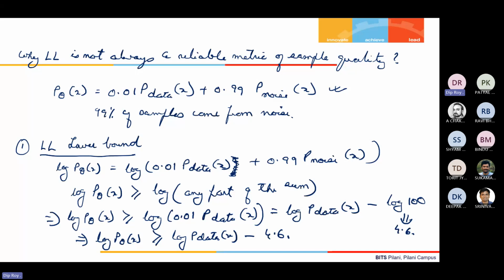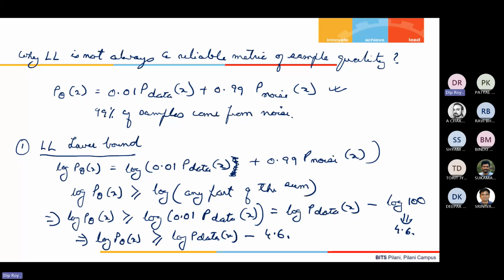So even though 99% of the model was noise, the lower bound says my log likelihood can be only 4.6 units worse than the true log likelihood. So the margin is very narrow.